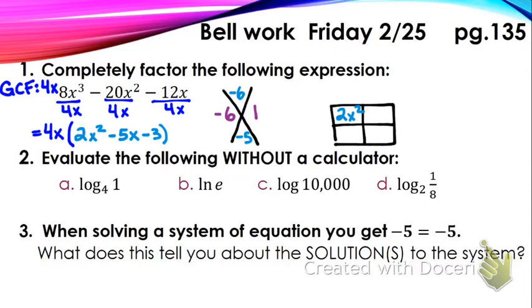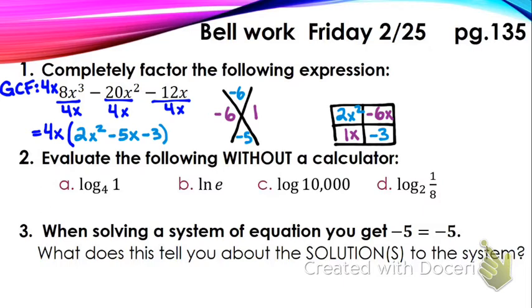What other numbers and terms do I put in? Negative 3. Absolutely. Where do I put negative 3? The bottom right. Thank you, Soraya. And I put negative 6x and 1x. Does it matter which box? No.